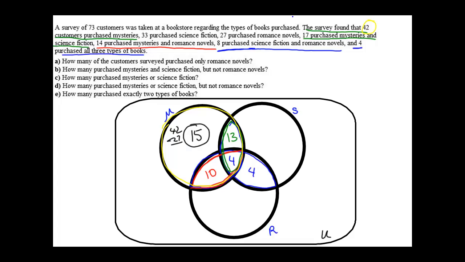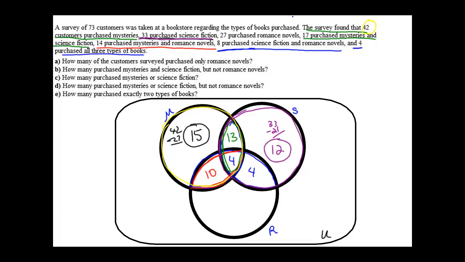I'll do the same thing with 33 purchased science fiction, in purple. This purple circle needs to contain a total of 33. Right now we've got 13, 4, and 4, which is 21 total. So 33 minus 21 leaves me with 12.